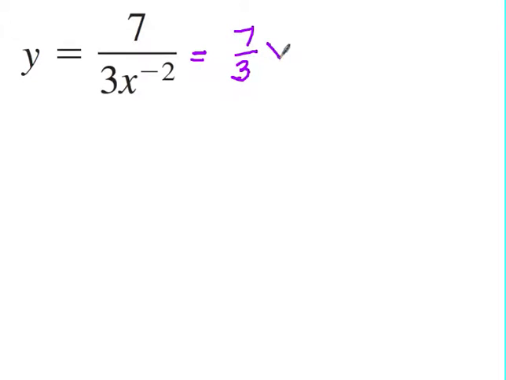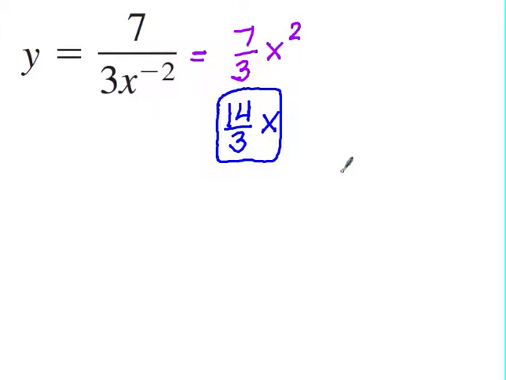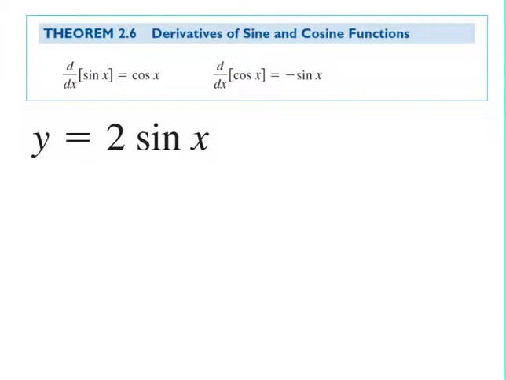So you've got to get it out of the denominator. So really, this is the problem. Okay, so what do you get? You're right. 14 thirds x, very good, because you bring the 2 around front and then you subtract 1 from the 2. Nice job. So that one actually turned out to be real slick, but it's one of those things: you can't find the derivative if the variable's in the denominator.